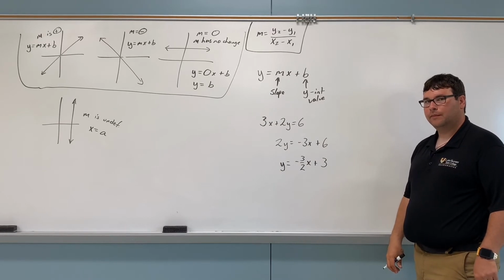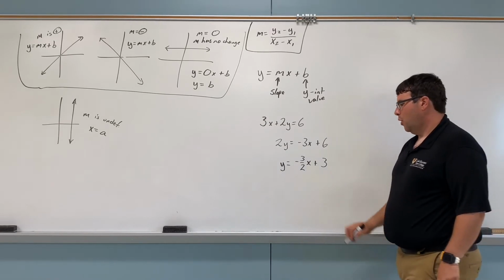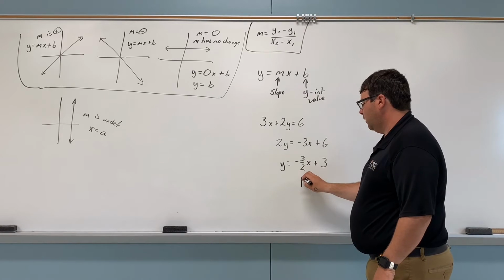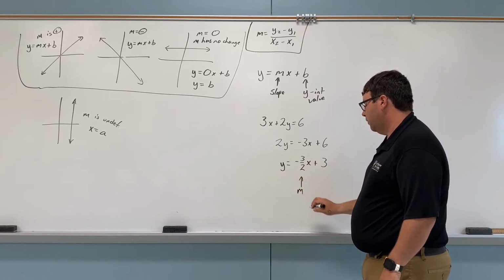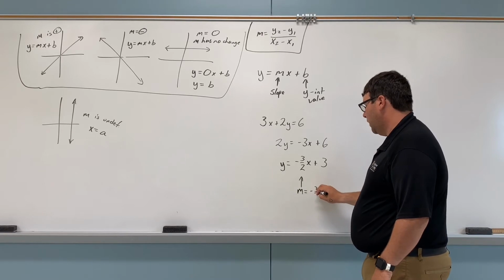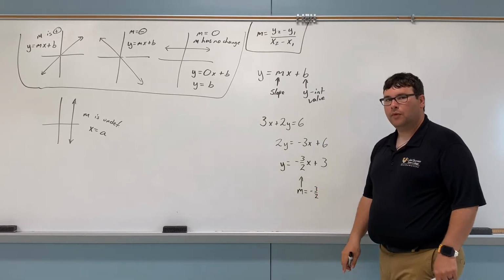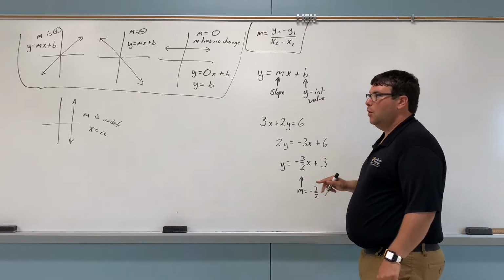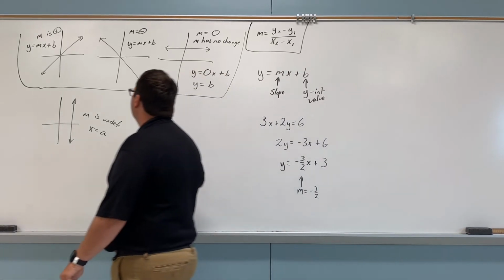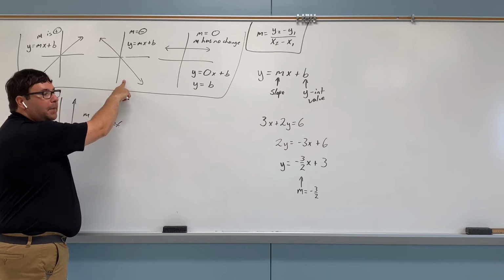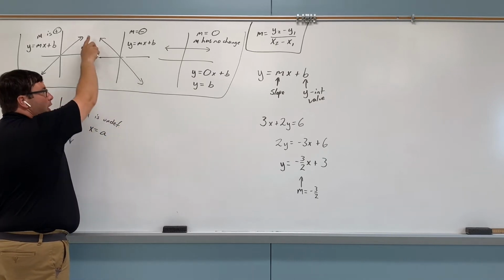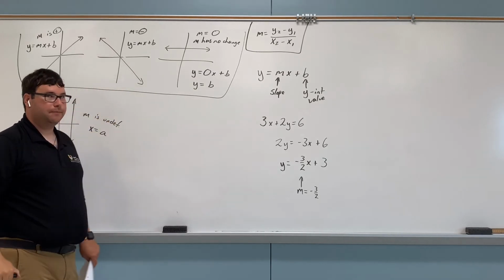Awesome. What does it mean? Well, from here, now that we are in slope-intercept form, we know the slope is negative 3 halves. How does that help us? We know that this graph is going down. Because our slope is negative, our graph will go down.